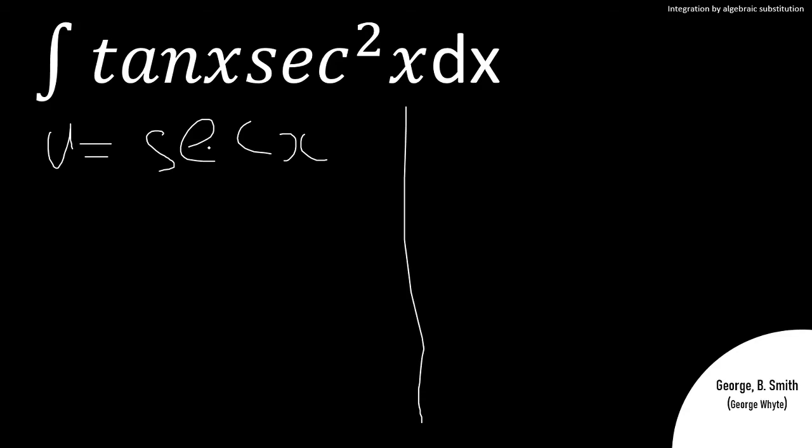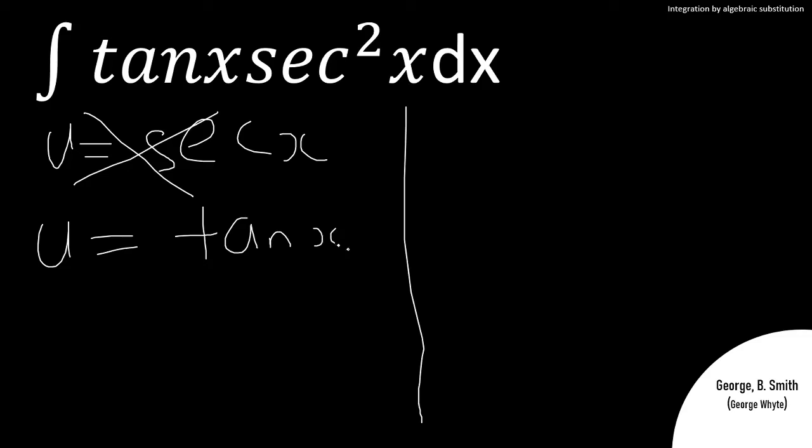So don't bother trying to use u equal to sec x. That's all I'm saying. So in this situation, we are going to make u to be tan x, because that's actually going to solve the equation. If you differentiate tan x, you're going to get sec square x, which means eventually sec square x gets cancelled out. So we say no to this. We are going to say u should be equal to tan x in this case.